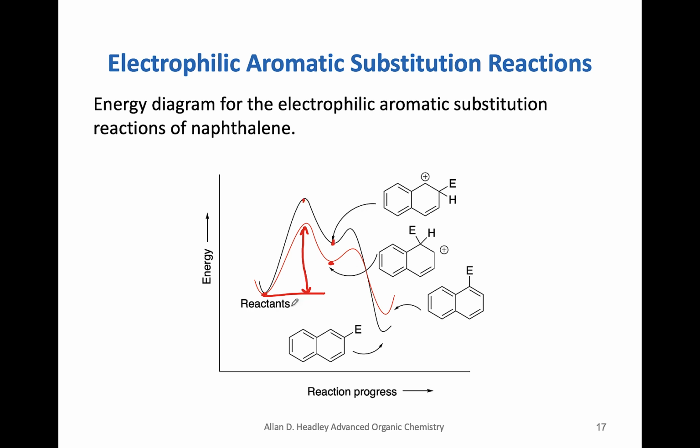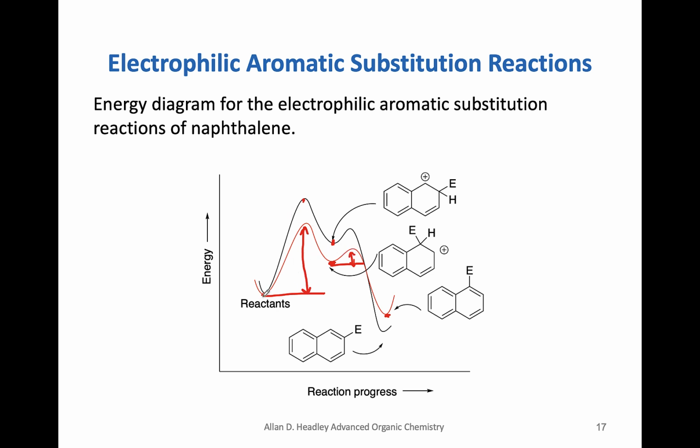So as a result, at low temperatures, the reaction path will favor this product because there is less energy required to form this intermediate, to form this product. This is the fast step, so we need not concern ourselves about this step. The most important step is right here.